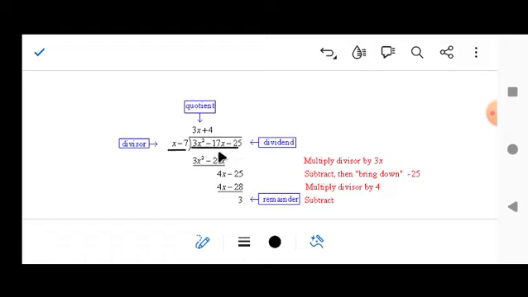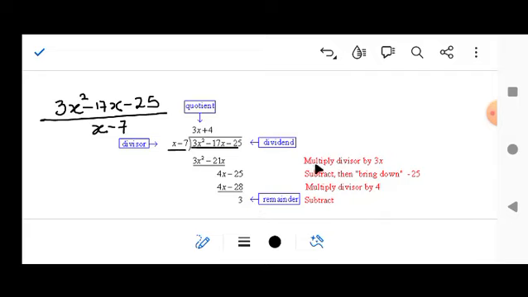So if I want to write this, I'm going to have 3x squared minus 17x minus 25, then divided by x minus 7. So that's the meaning of this. Then this is the quotient. So the quotient is what you have divided, then this is the remainder.